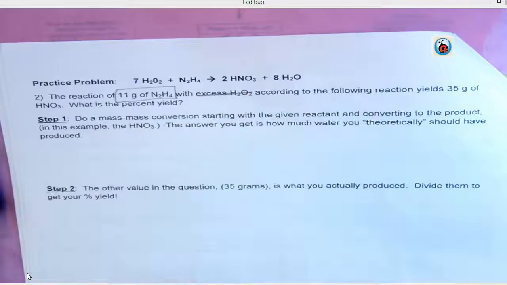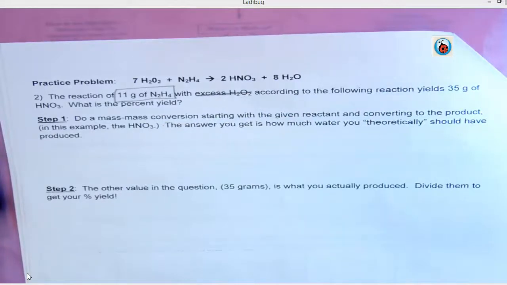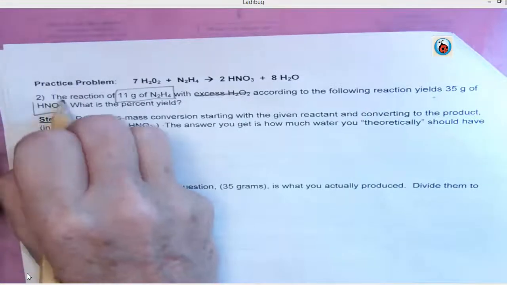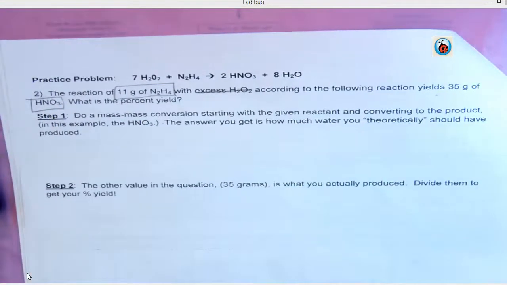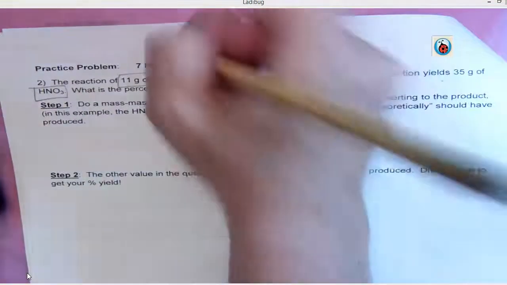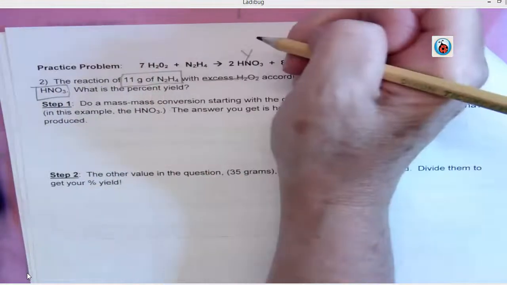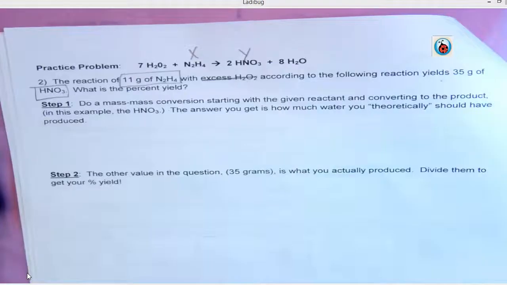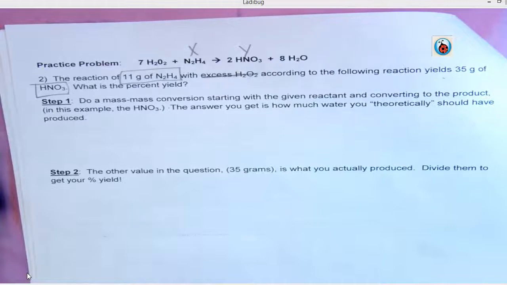We're going to cancel that out. I don't need to know that. And we're going to yield 35 grams of this nitric acid. Okay, so this is the Y. What do I know? I've got N2H4, so this is my X. And again, we're going to do a mass-mass conversion.